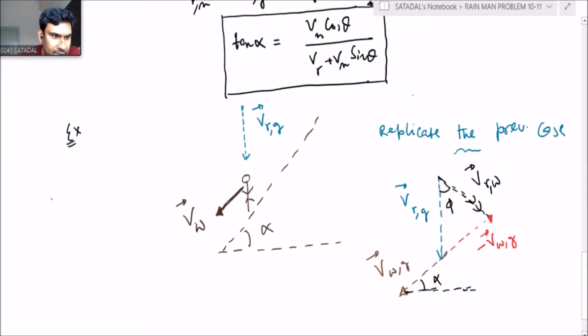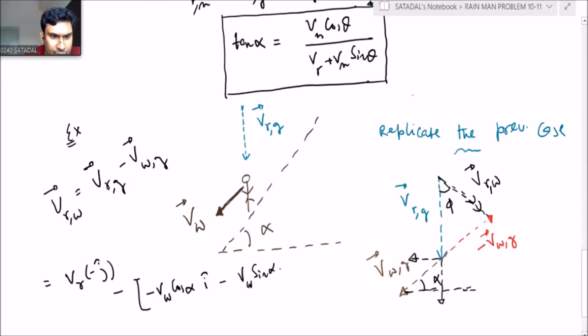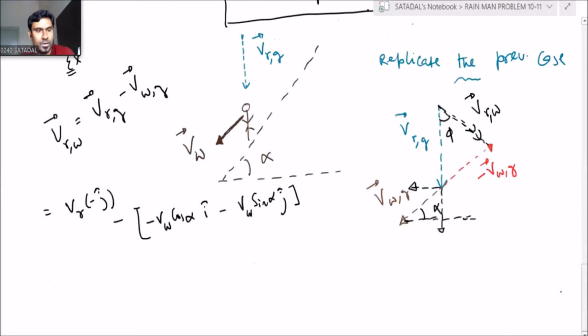So I will take velocity of rain as appearing to the woman. We know the equation: velocity of rain as appearing to the ground minus velocity of woman with respect to ground. Velocity of rain with respect to ground is the same, it's not going to change. So it is minus Vr j cap minus velocity of woman with respect to ground. This component is minus, this is also minus. So I have to write minus Vw cos alpha i cap minus Vw sin alpha j cap.